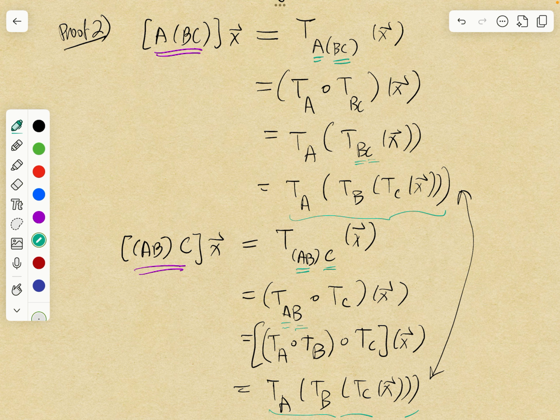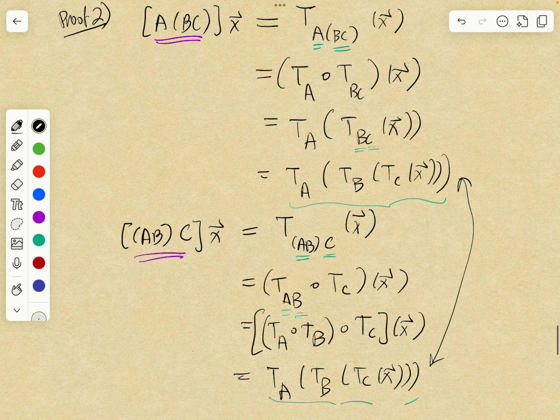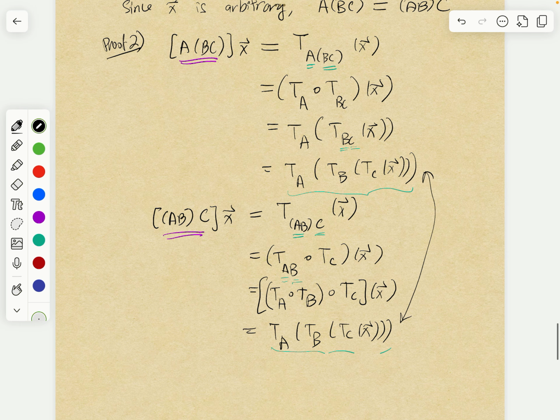So since, let me just zoom out a bit. Again, since X is arbitrary, the first matrix is equal to the second matrix. Okay, so that's the associativity of matrix multiplication.